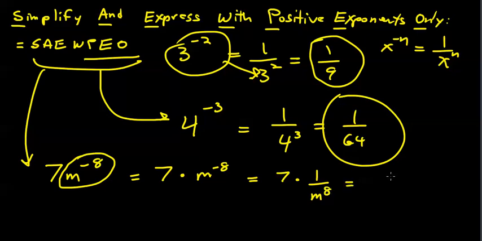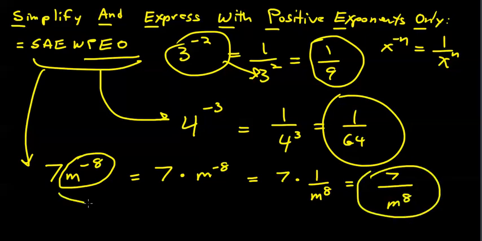And if I multiply these expressions, 7 times 1 at the numerator level is 7. So I end up with 7 over m to the 8th power. So after a while, we can do this without the intermediate steps. Move that m to the minus 8th downstairs, changing the exponent sign, 7 over m to the 8th. Right? Simplify and express with positive exponents only.